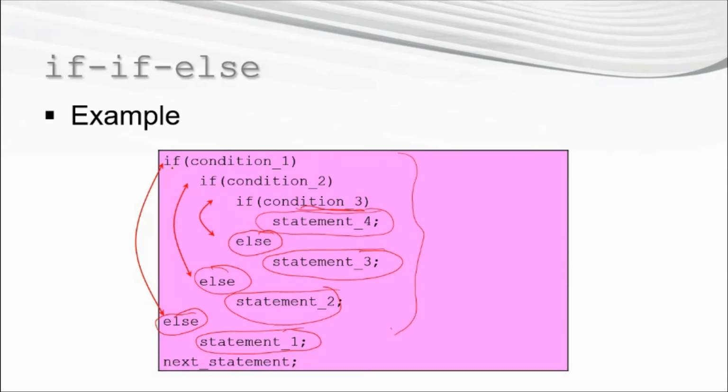That is, there is an if, then another if, then a third if. These are all continuous ifs. If all these three conditions are true, then this statement will be executed. This other statement will be executed if the first two are true and the third is false.